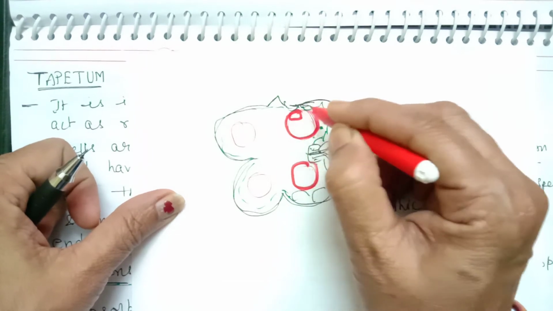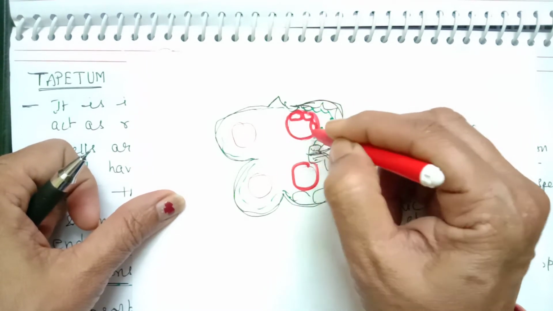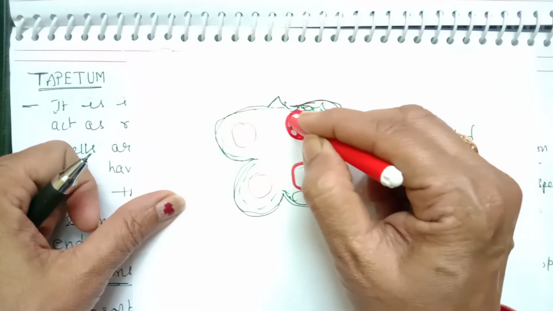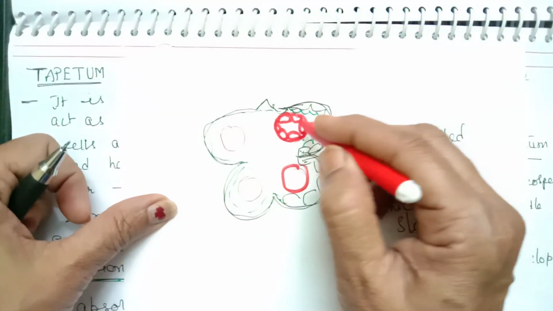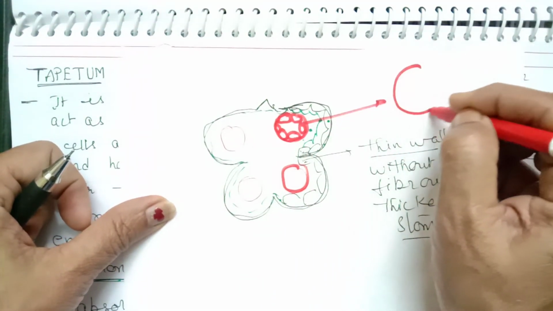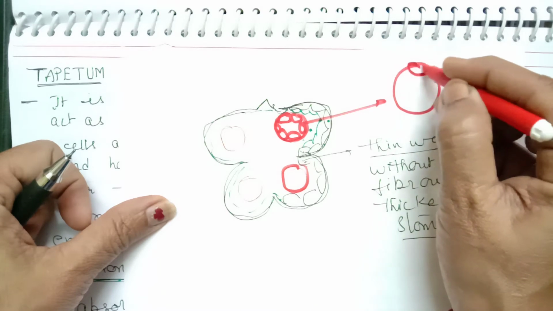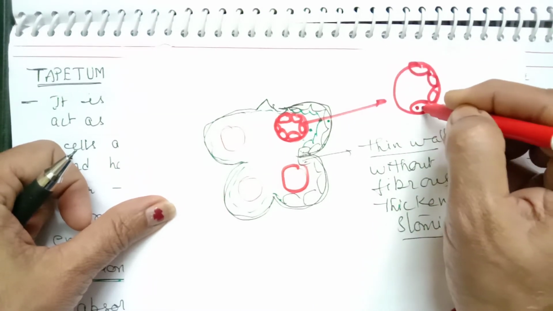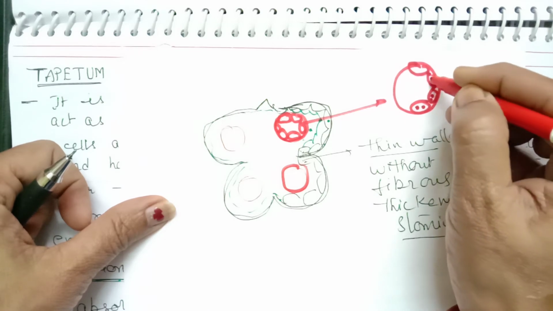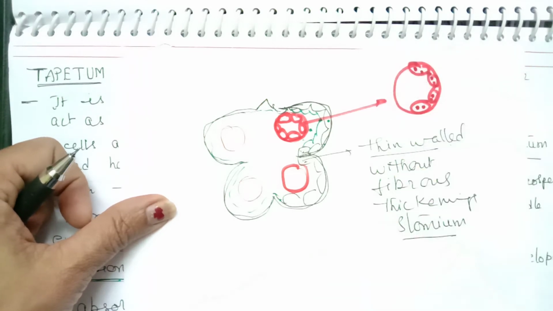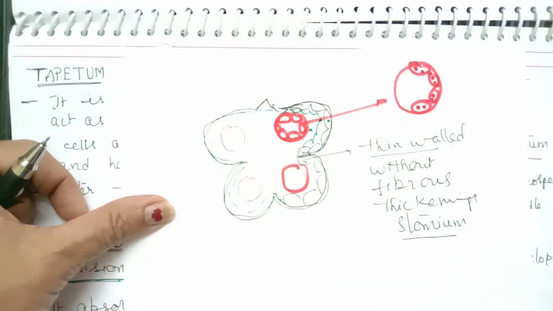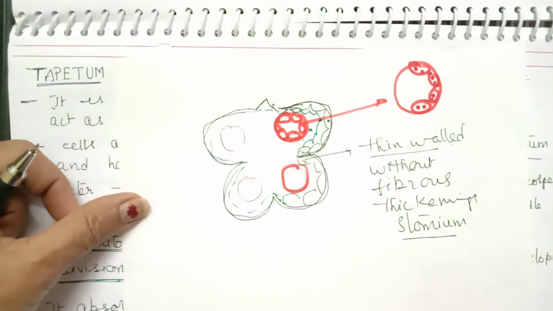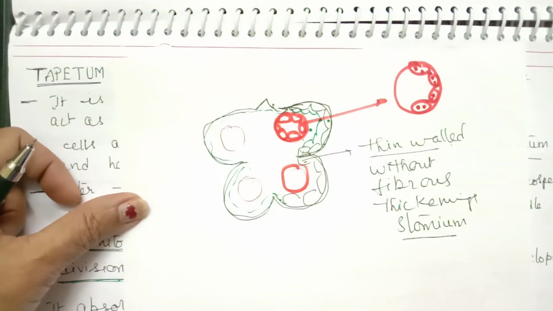I will enlarge the diagram and draw it. Here we find the cells are initially binucleate and later they become multinucleate due to endomitosis and free nuclear division.